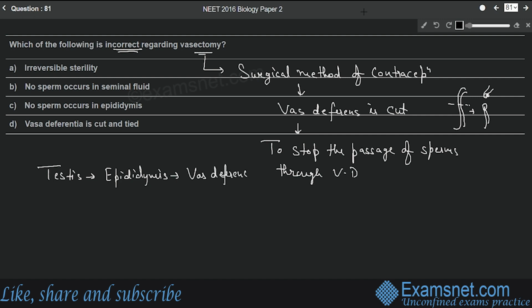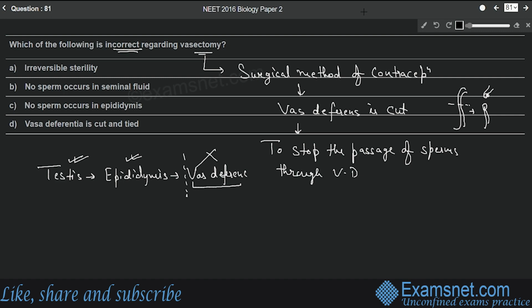So we know that in vasectomy, this vas deferens is cut. That means before vas deferens, the sperms should be available. So sperms will be formed in testis as usual. They will pass through epididymis also, but they will not be able to pass through vas deferens. Now let's go through the options here.